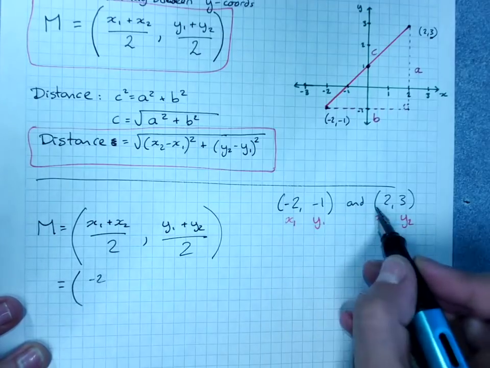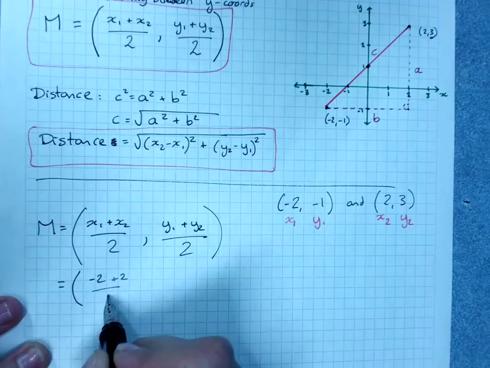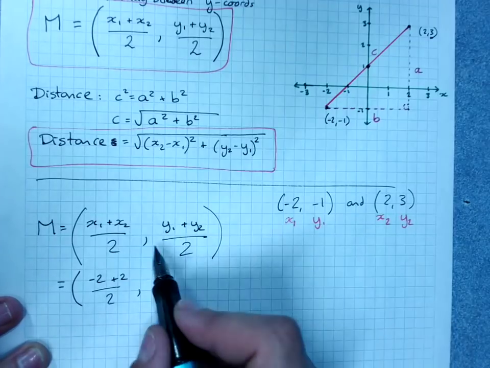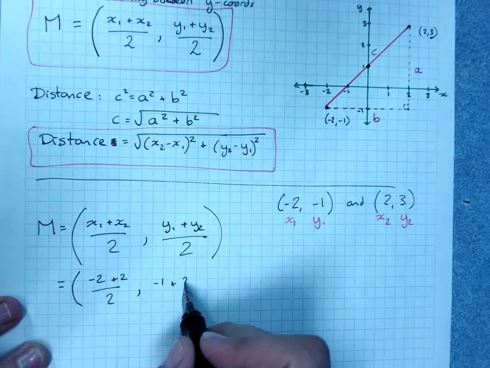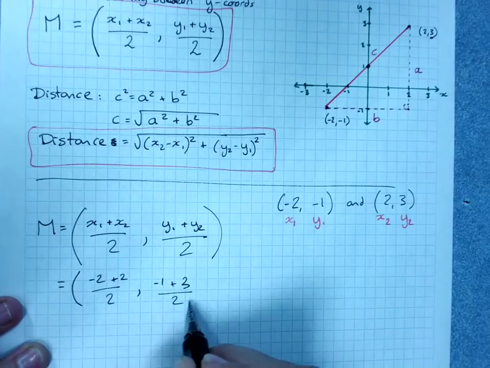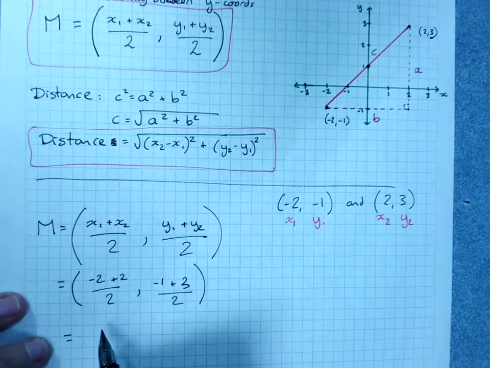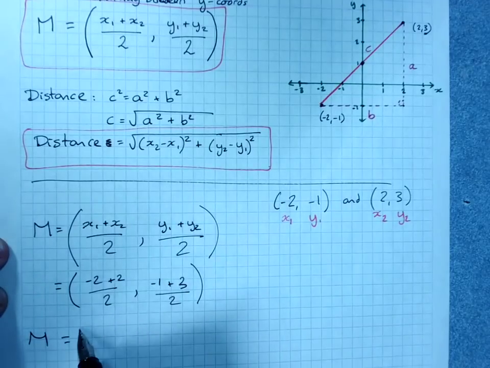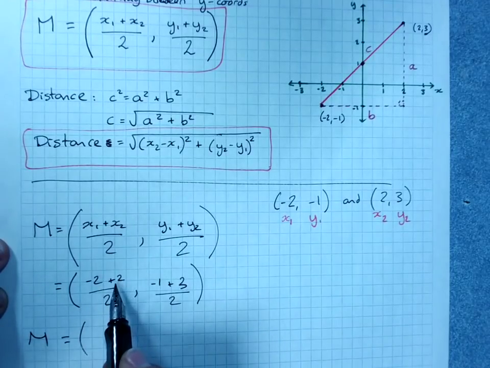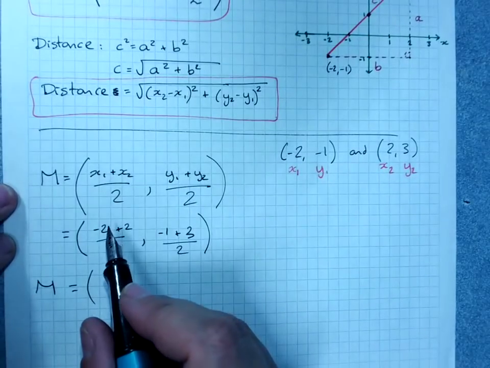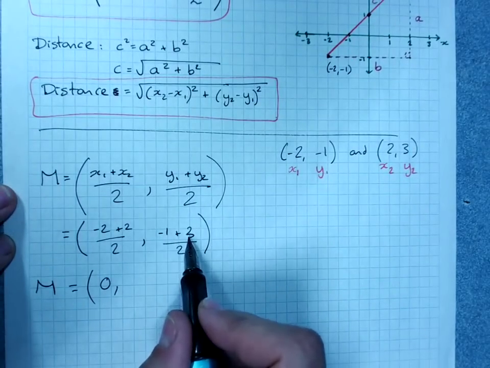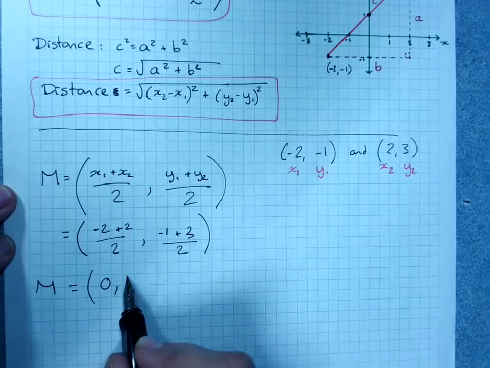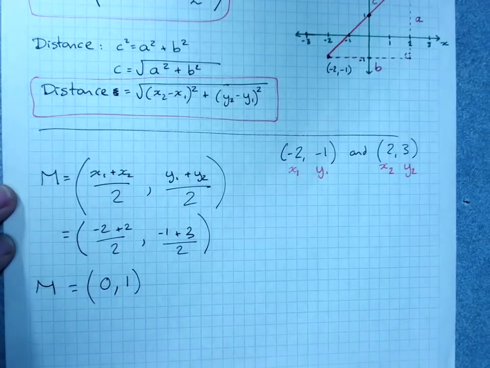Negative 2 plus 2 over 2, y1, negative 1 plus y2, which is 3 over 2, and from there go straight to your solution. Negative 2 plus 2 is 0, 0 divided by 2 is 0. Negative 1 plus 3 is 2, 2 divided by 2 is 1. That's our midpoint.